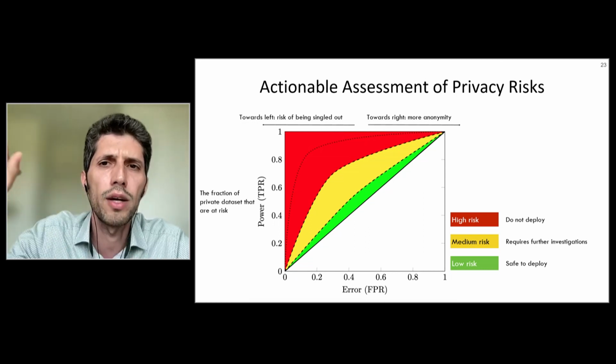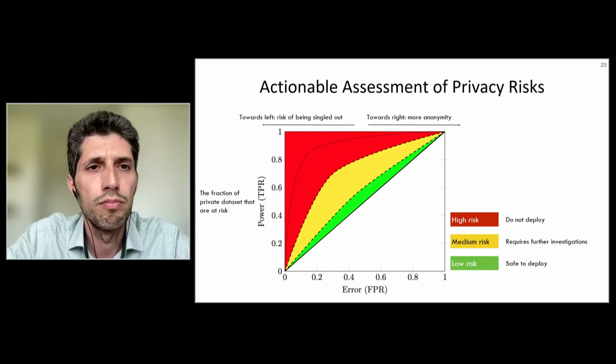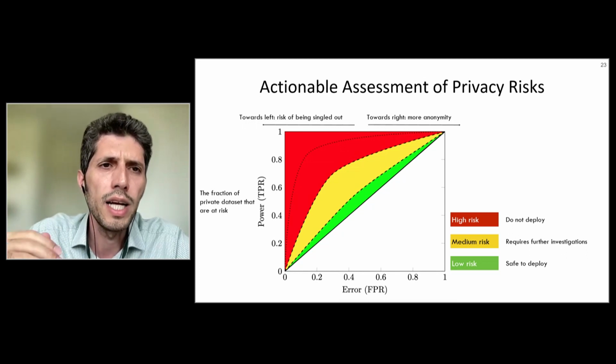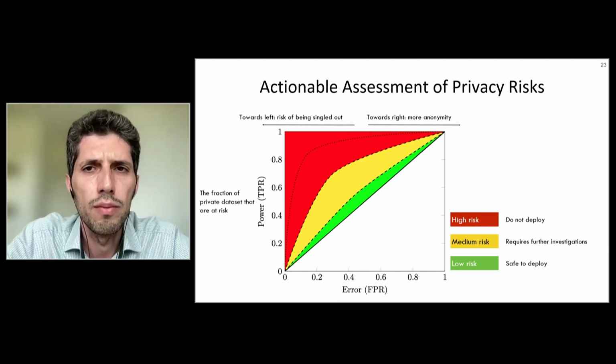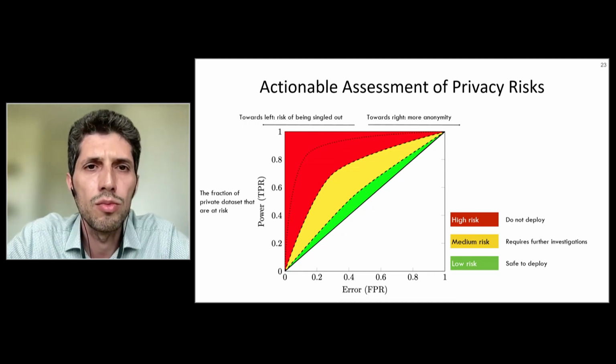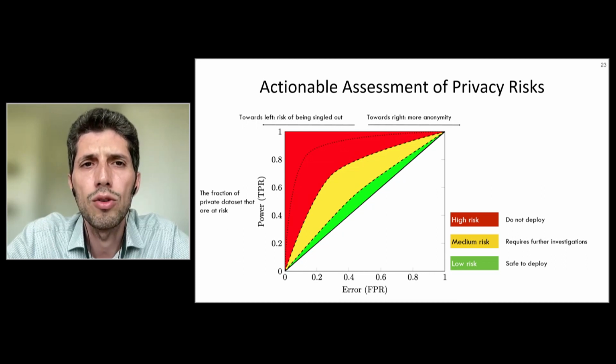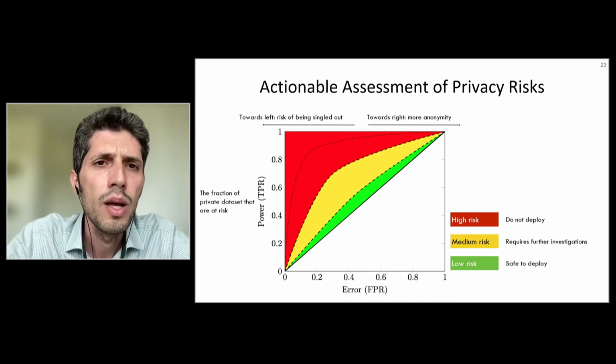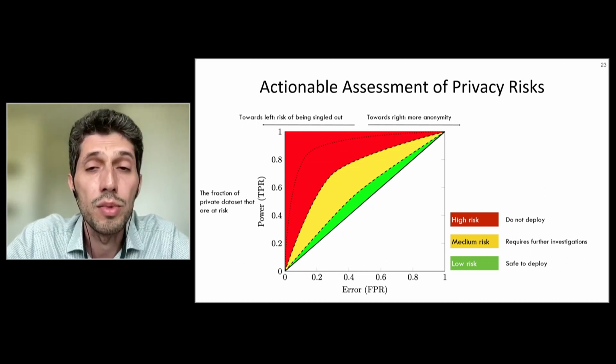So the diagonal line means no risk. But as we move up and left, we can partition the space into low risk, medium risk, and high risk algorithms.